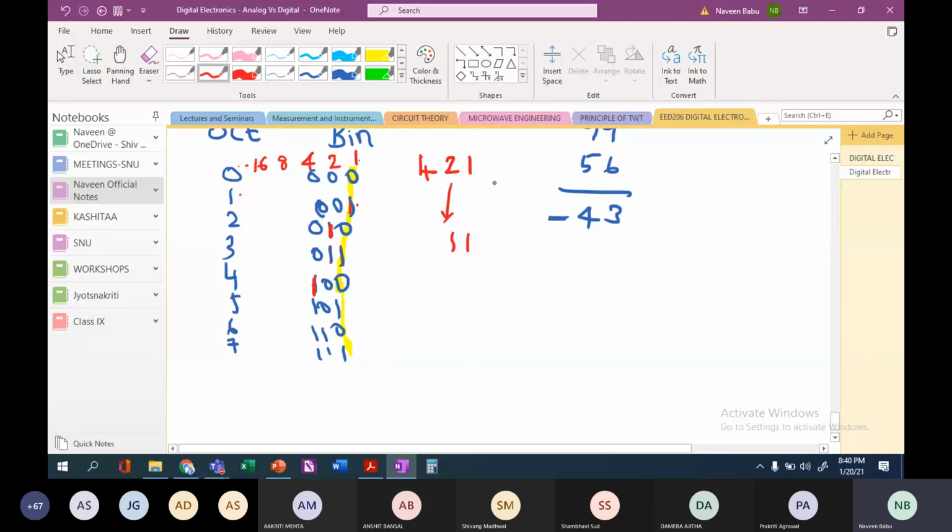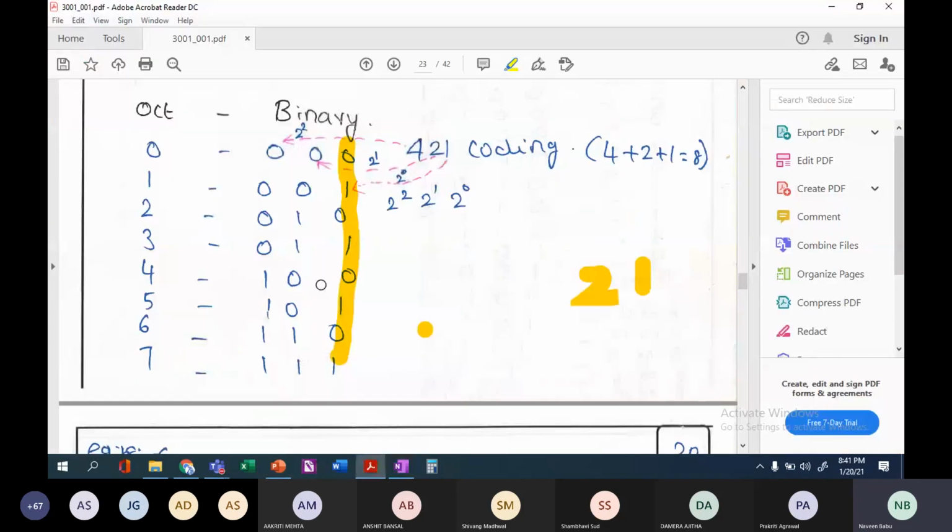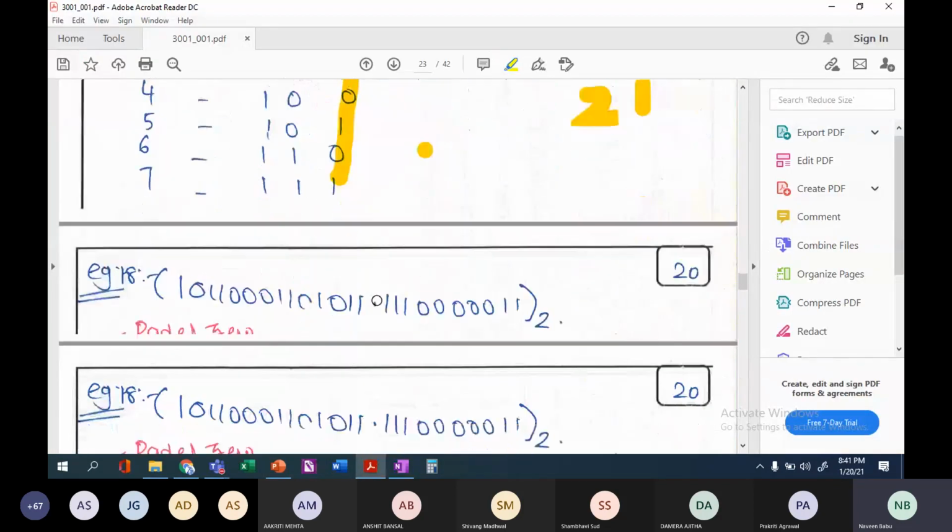And similarly 5, 4 plus 1 can make 5, so the positions corresponding to 4 and 1 are 1. 6 is 4 plus 2, so the positions corresponding to 4 and 2 are 1. And 7 is 4 plus 2 plus 1, hence all three are 1. So like this you will remember the positional weights and decimal values.